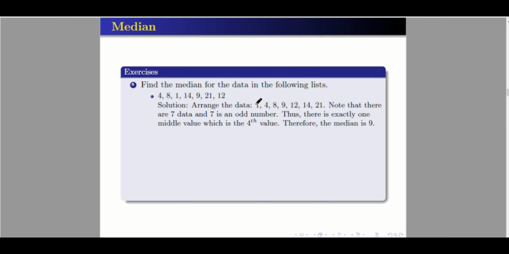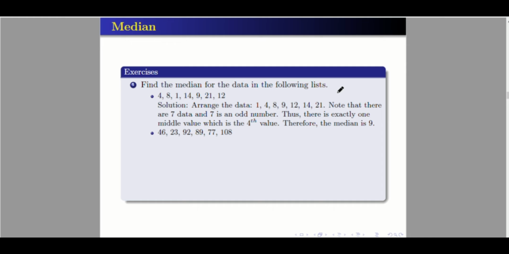So if it's odd, then we only have one middle value. So usually I do this. If it's odd, I just add 1. So 7 plus 1 over 2. So this is 8 over 2. So it's 4, meaning it's the fourth data. So 1, 2, 3, 4. So the median is 9.